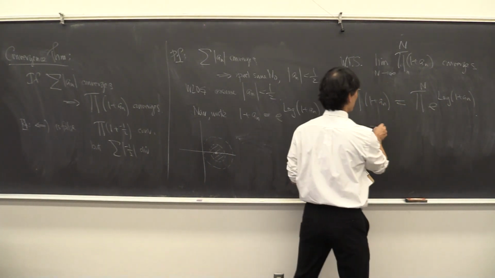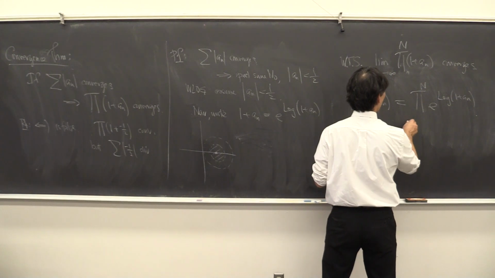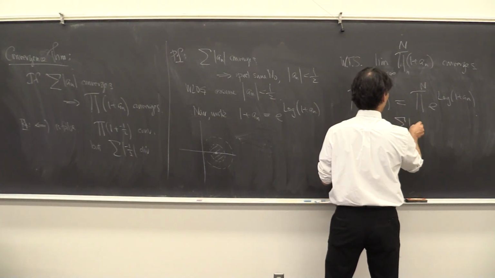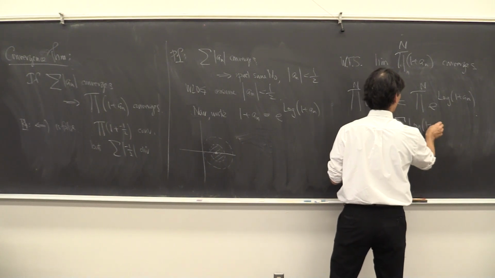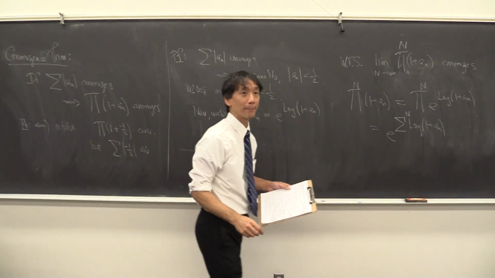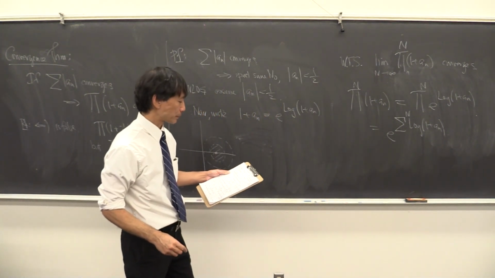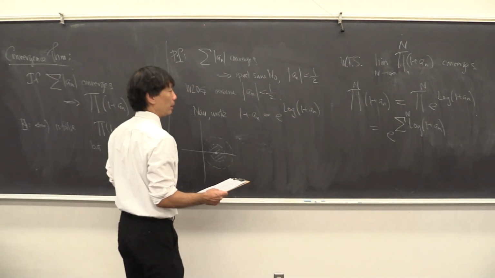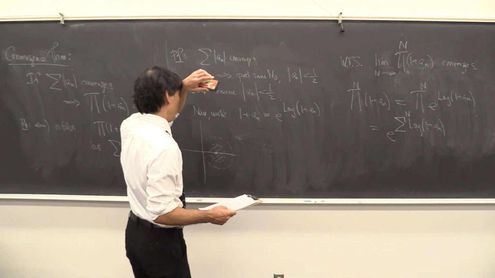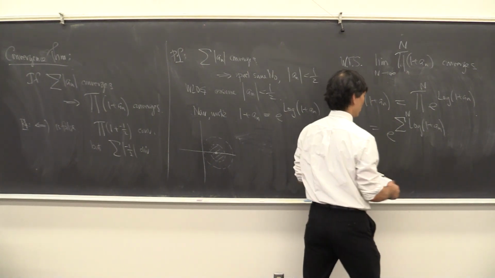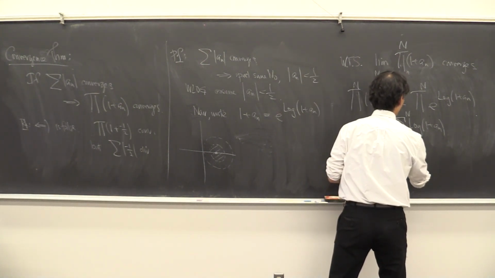But that turns this into a sum. This becomes e to the sum of the logs. Okay. And so now we're hoping to see that this thing converges. Does this converge?